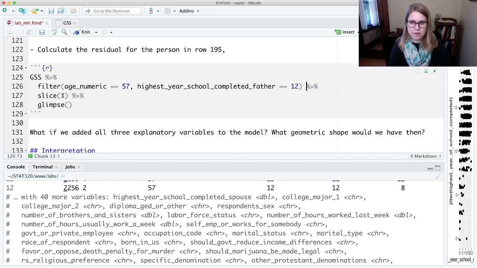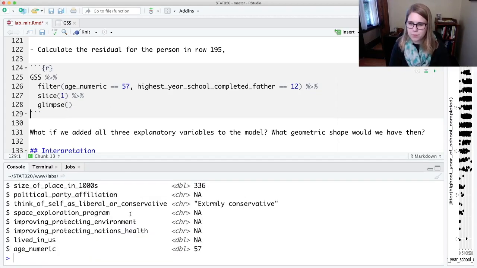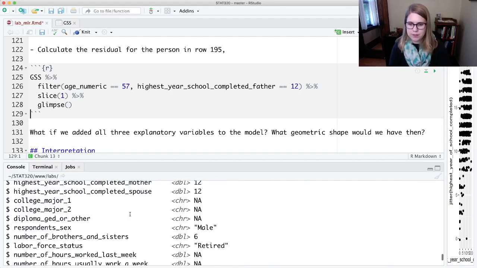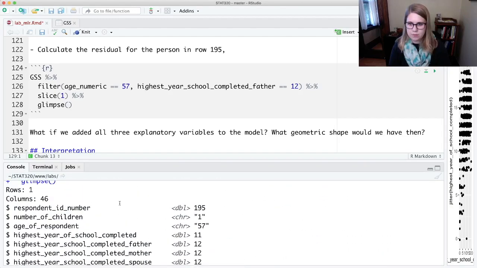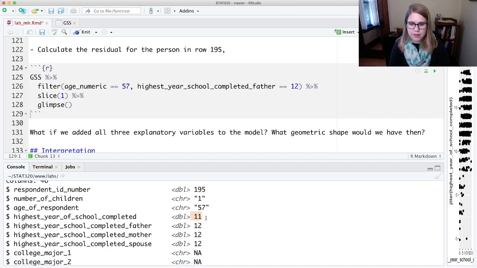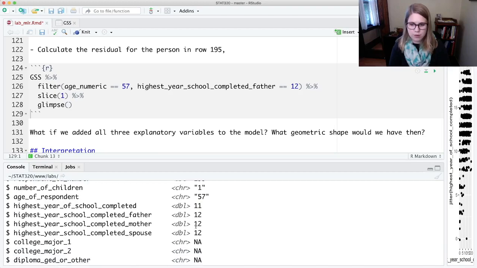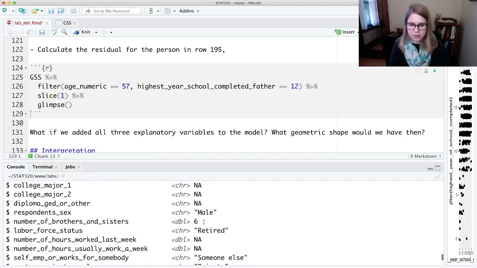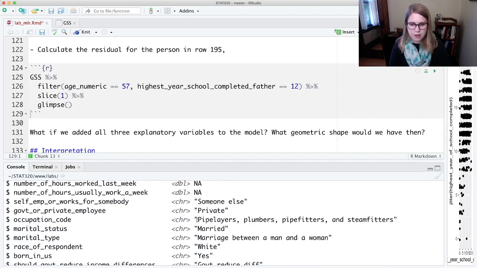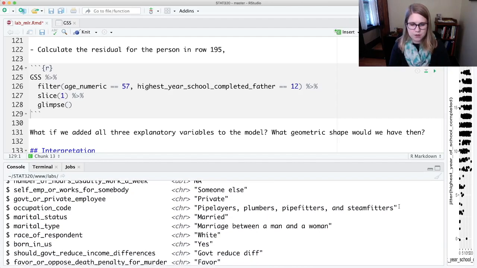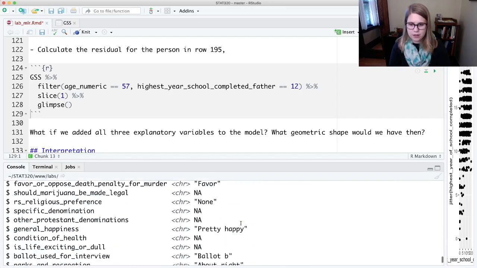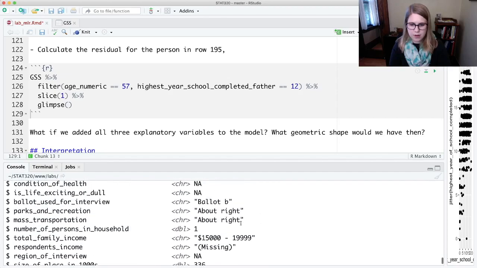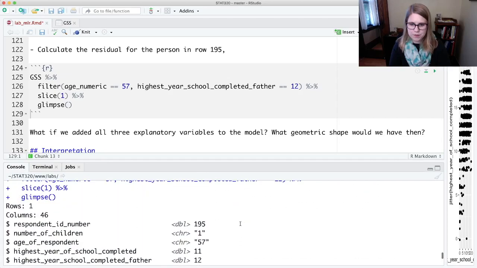So I'm going to slice off the first one, and then I'm going to glimpse, which is going to show me the data in a different kind of output. So now I can see everything about this person. They're, you know, row 195, they have one kid, they're 57, they completed 11 years of school, both their parents completed 12 years of school, they're male, they're retired, they were a pipe layer, plumber, pipe fitter, or steam fitter, they're married, etc. So we've got a bunch of information about them.